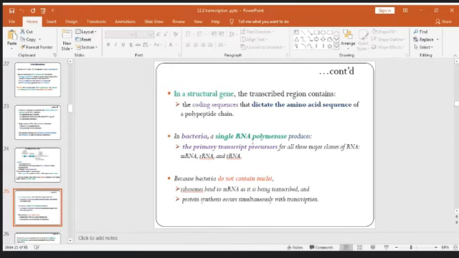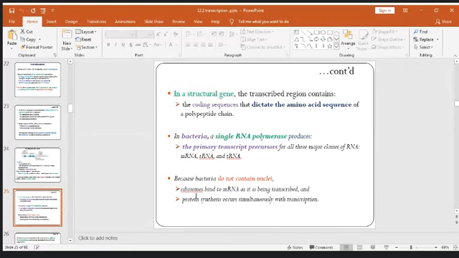When you see the prokaryotes, in bacteria a single RNA polymerase produces the primary transcript precursors for all three major classes of RNAs: messenger RNA, ribosomal RNA, transfer RNA, because they do not have specified subcellular organelles to undergo different processes. So the primary transcript precursors act as all of them. In eukaryotes, however, there are specified, separated RNA subunits, because bacteria do not contain a nucleus or nuclear membrane.